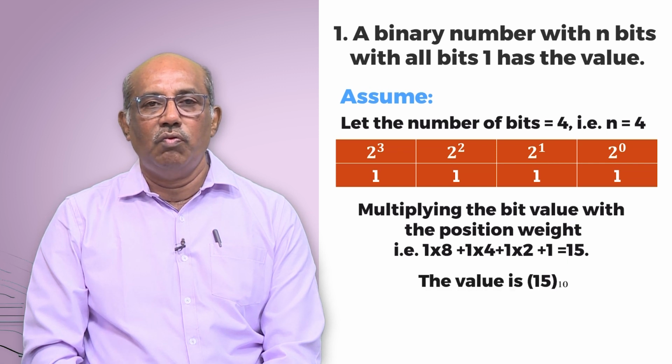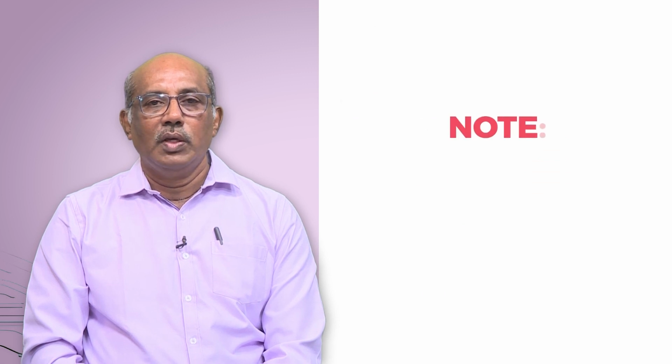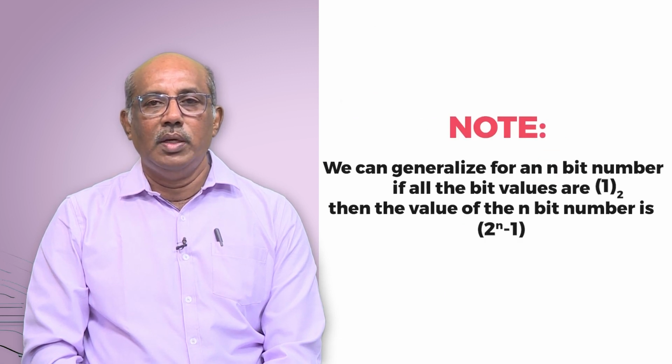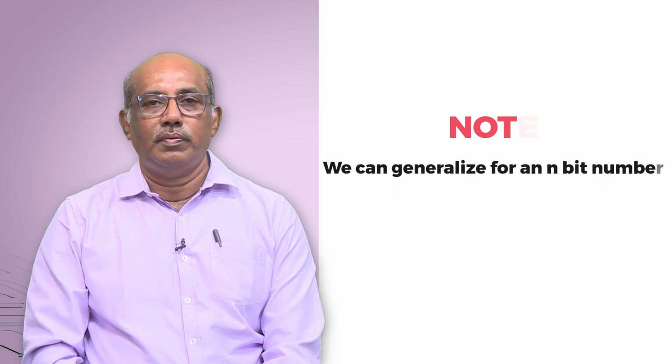The value is 15. Or we can generalize for an n bit number. If all the bit values are 1, that means each bit position occupies the binary bit 1, then the value of the n bit number is 2 raised to n, where small n stands for the number of bits, minus 1.